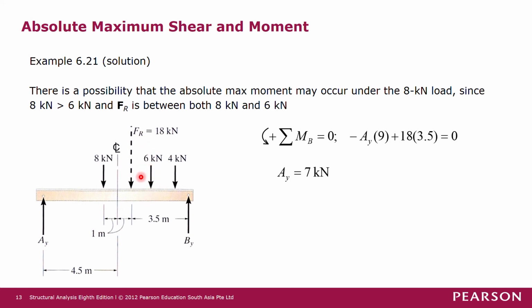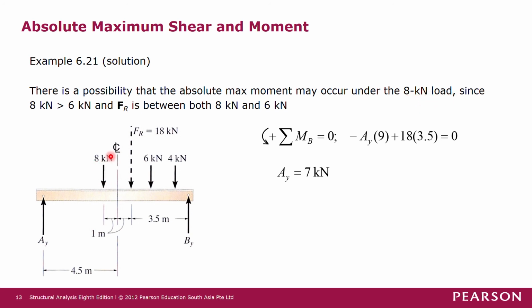We have already solved for the maximum moment when we assume it occurs under 6 kilonewton. Now we want to analyze the case where we assume the maximum moment will occur under the 8 kilonewton load.